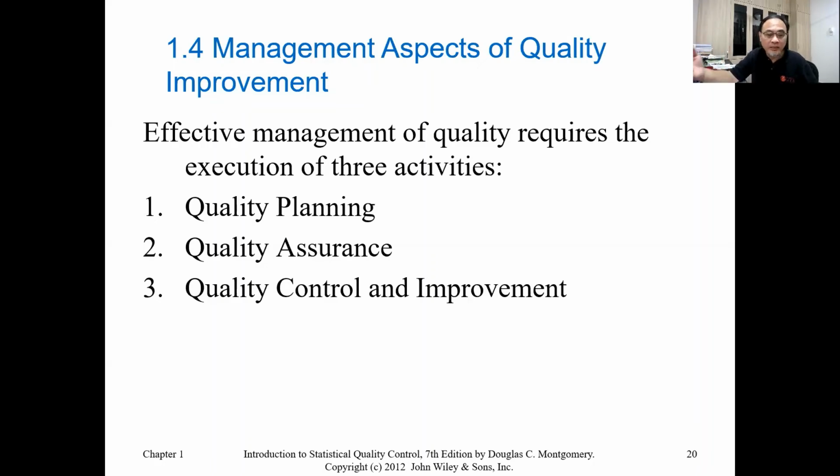I have a video on that. I have a video on quality cost. So there are many tools that are important. But of course, in an organization, you have to look at your level to decide which tools are important to you, and of course the complexity of the products that you produce. That will determine which tool.